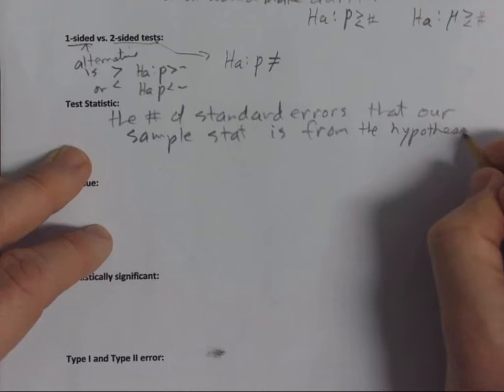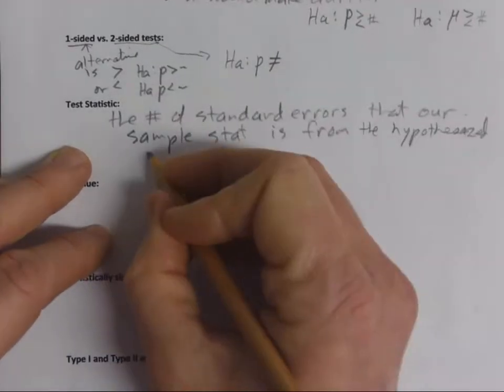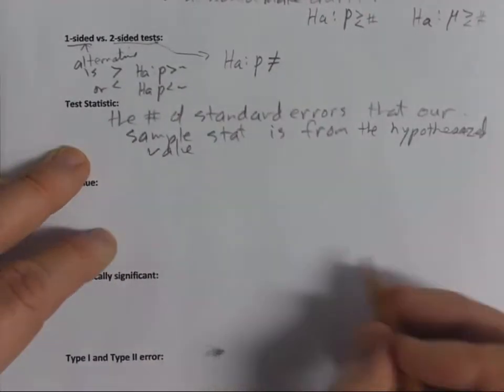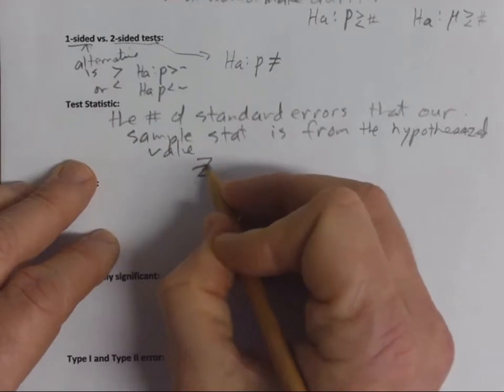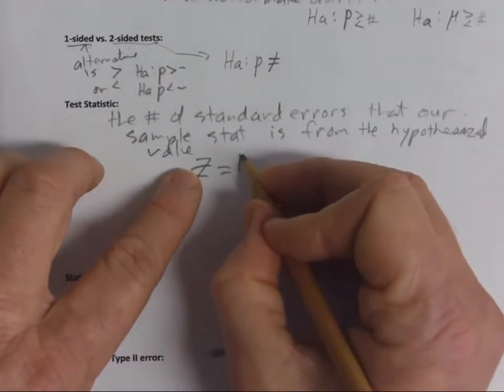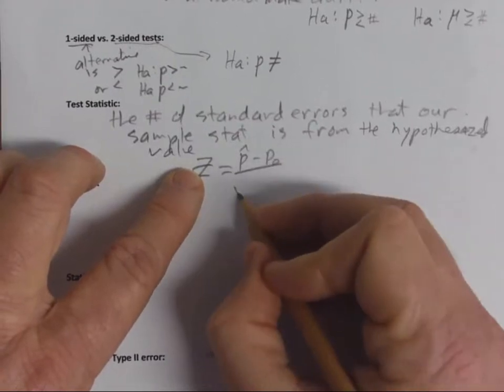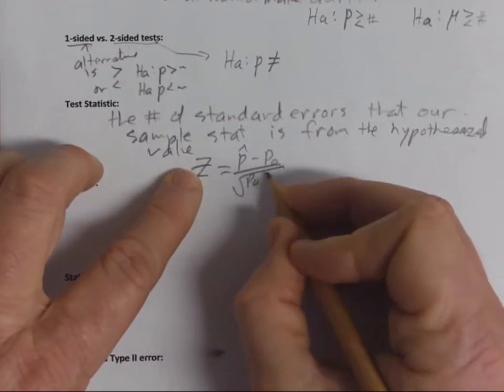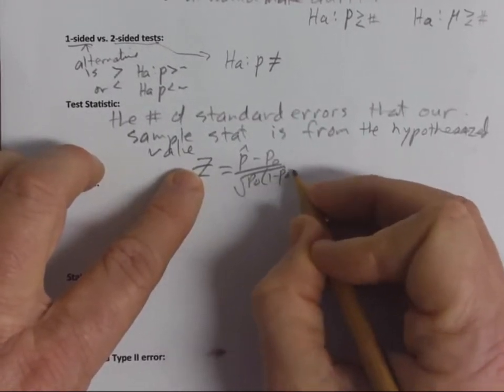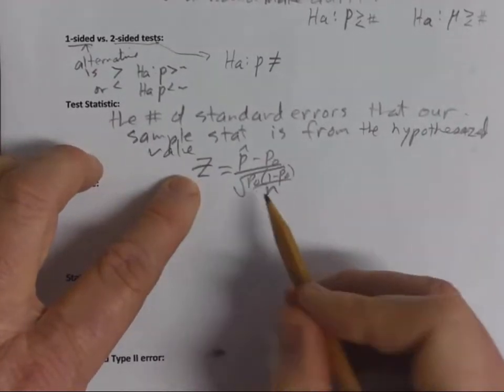In section 2, it is going to be z, and the formula for it is p hat minus p naught, the hypothesized value, over the square root of p naught times 1 minus p naught over n. So that is our formula for our test statistic.